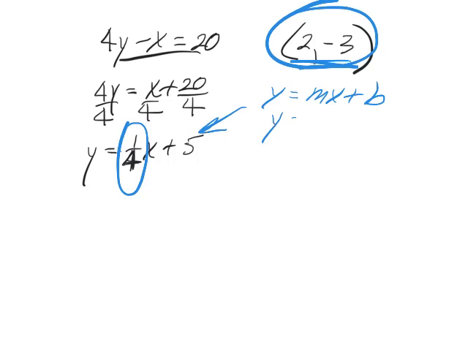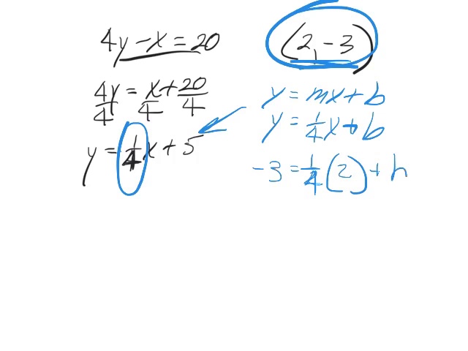So y equals is going to have the slope of 1/4 x plus b. So now I'm trying to find b, the y-intercept. So I'm going to plug in negative 3 for my y and 1/4 times 2 for my x. Okay, so negative 3 equals 1/2 plus b. Negative 3 minus 1/2 equals b.